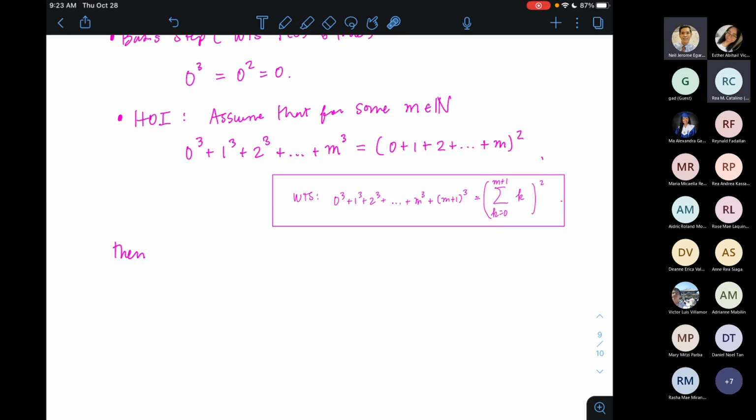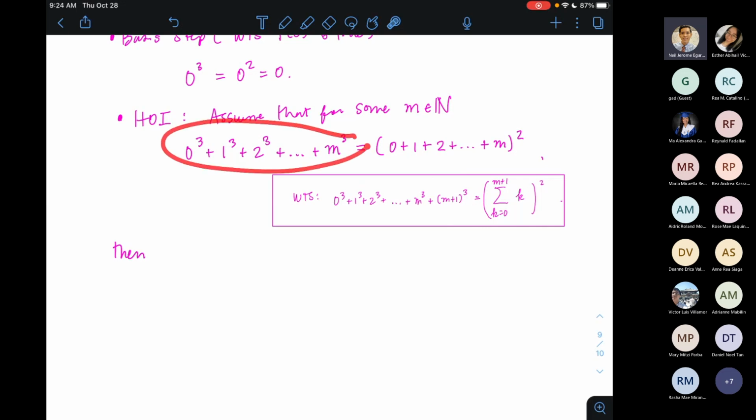Okay. So, yeah, that's right, Rhea. I-rephrase ko lang ng konti. So, sinasuggest ni Rhea, I think, ay mag-add ng m plus 1 cube. Tama ba? Which I think the reason for why she suggested that, nakita niya na, tingnan natin tong left-hand side. Summation mula kay 0 cube hanggang m cubed. Pero itong nasa kanan, itong nasa WTS, ay summation hanggang kay m plus 1 cube.